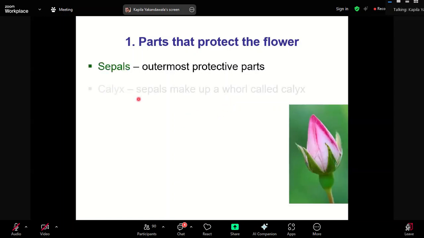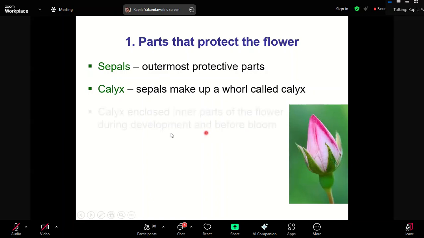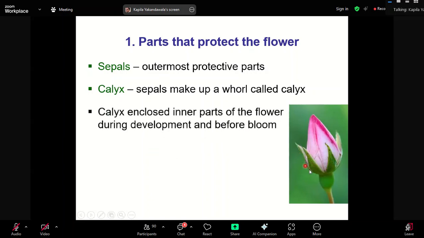First, the parts that protect the flower, the sepals. This is the outermost cover, and collectively we call it calyx. The calyx together encloses the inner part of the flower during development of the male and female parts. Inner to the calyx or sepals, you get petals.